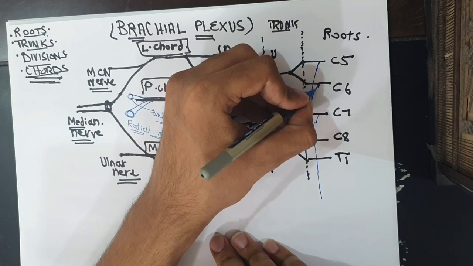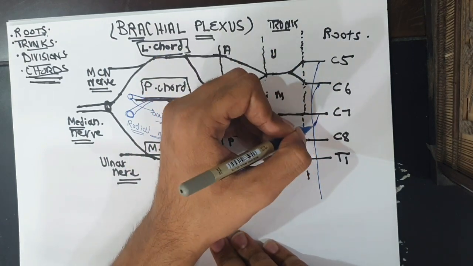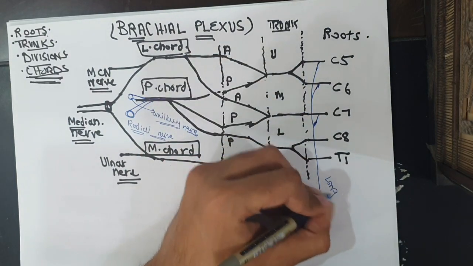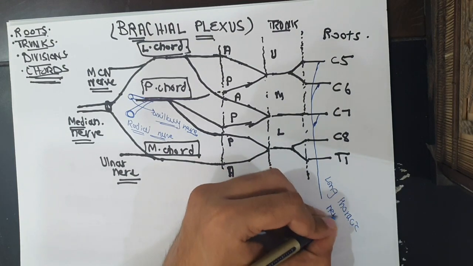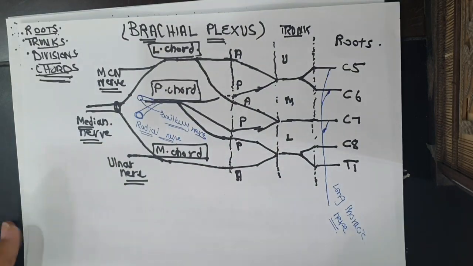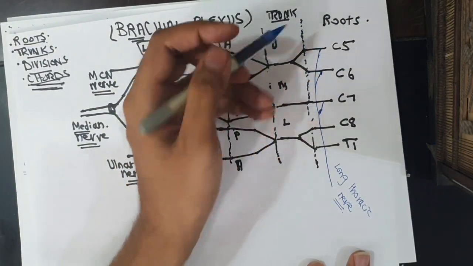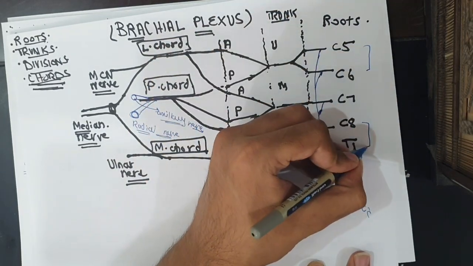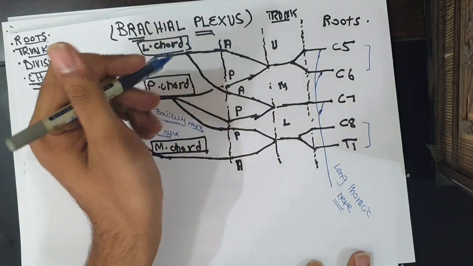And hence, as the name indicates, it is long, so being the long thoracic nerve. Now the roots, that is the C5, C6, C8, T1, these have a great clinical implication, as we will see later.